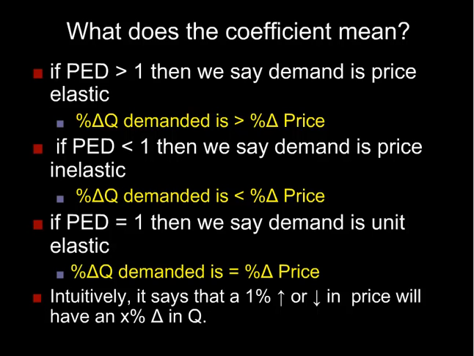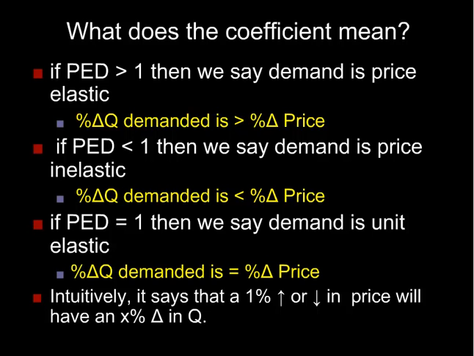So we get a number, and if the price elasticity of demand number that we get is greater than 1, then we say that demand is price elastic. That is, the percentage change in the quantity demanded is greater than the percentage change in price.